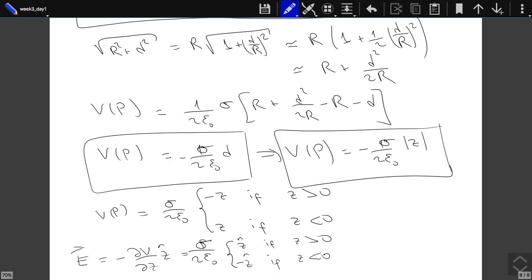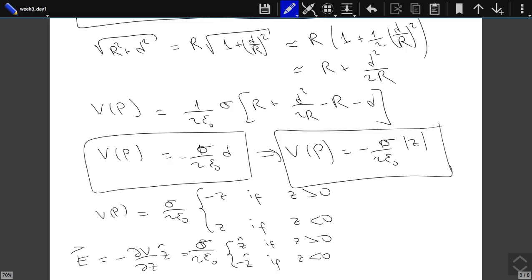What about the potential? Is the potential continuous? What is the value of the potential as you approach z equal to 0 from below? What is the value of the absolute value of z as you are approaching z equal to 0 from below?